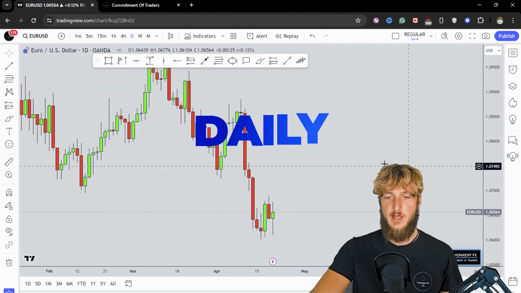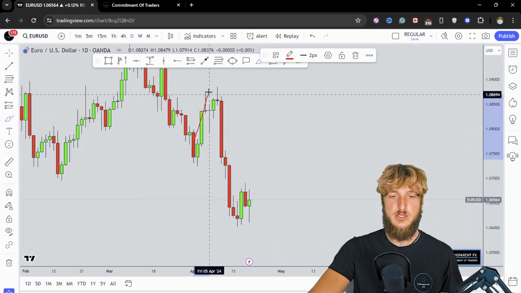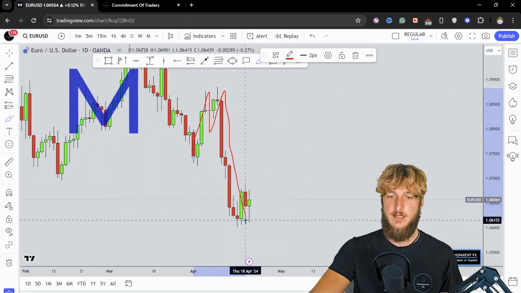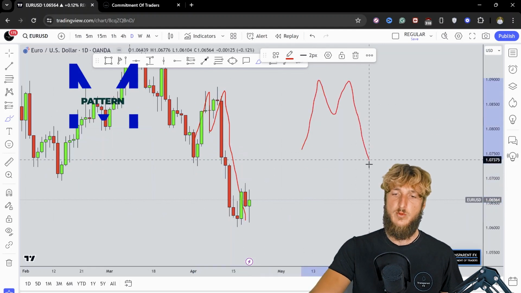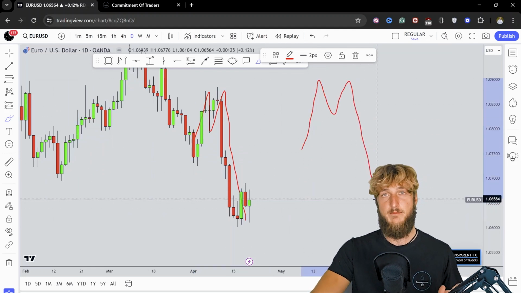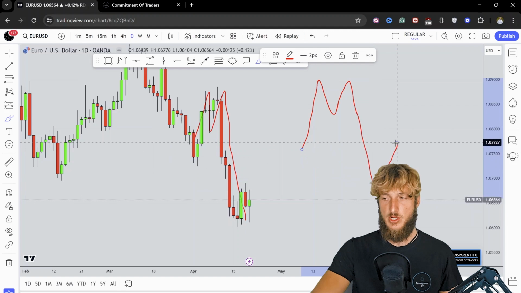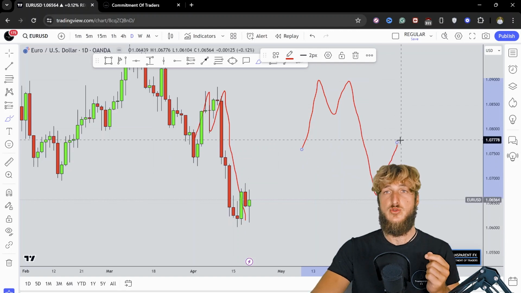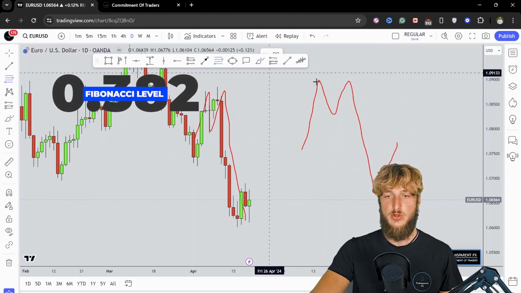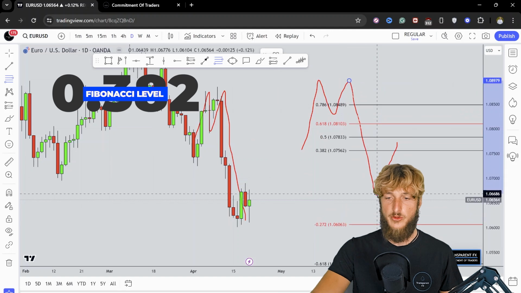Now, from a daily perspective, what we can notice is that this market has just created this overextended M pattern. Now, in general, when you have the creation of an overextended M pattern, what you would expect is a rejection to the upside for the market to retrace at least to the 0.32 of the Fibonacci taken on the impulse leg.